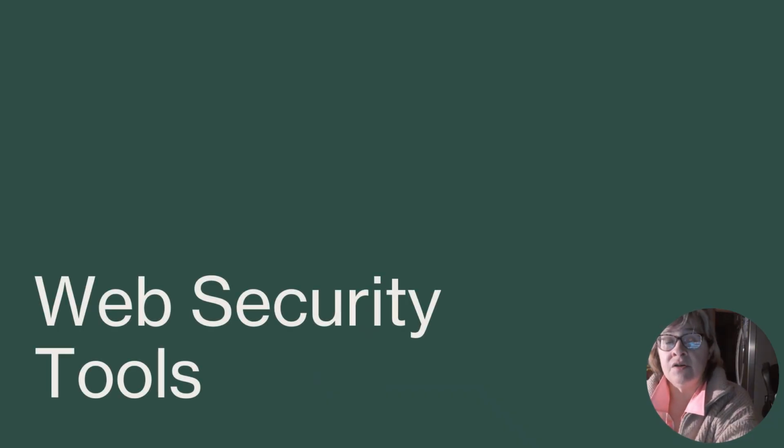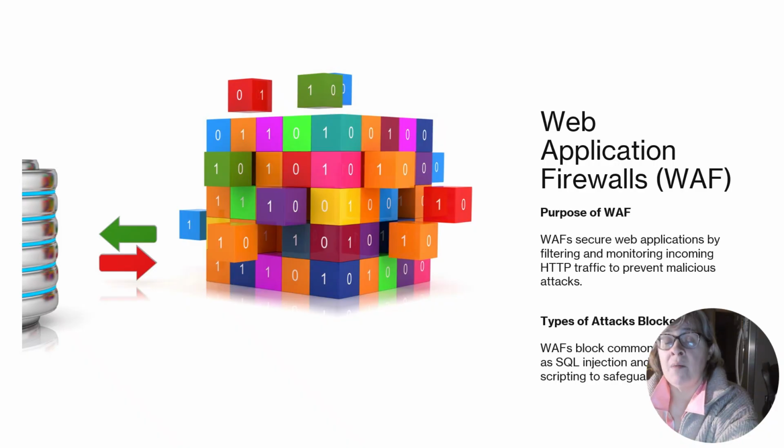Web security tools safeguard web applications and browsing activities against attacks and malicious content. Web application firewalls, or WAFs as they're called, protect web applications by filtering and monitoring HTTP traffic and blocking attacks like SQL injection and cross-site scripting.